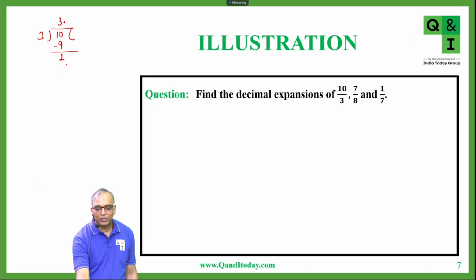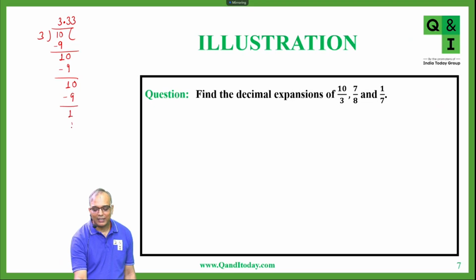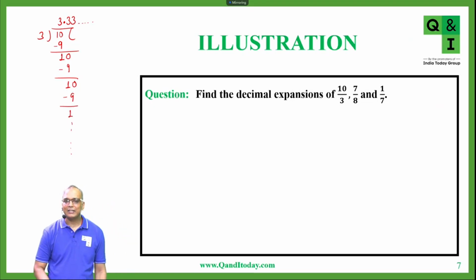So when you put a decimal point here, you will get a 0 here. So again, 3 times 3 is 9. Because there is a decimal, you will always get 10 in the next steps. So this will keep on continuing, and the digit in the quotient also keeps on repeating.